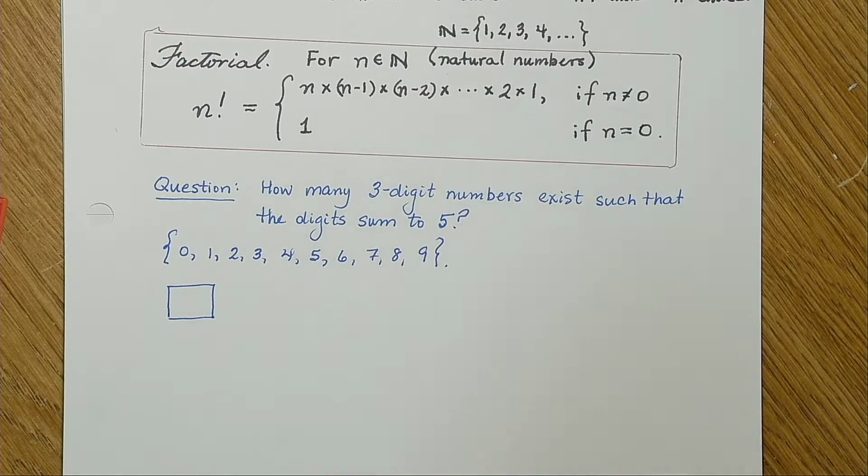Now this is a little bit more difficult because we're going to have to do something called cases or indirect counting. So this is something that we should maybe hold off on until we've covered a little bit more material. So it's not a bad question, but it's something that we need to get back to.